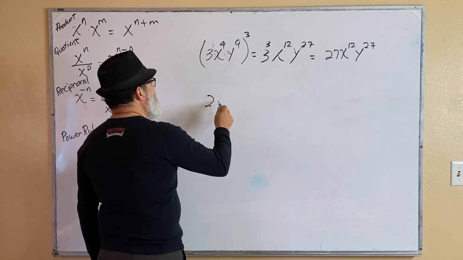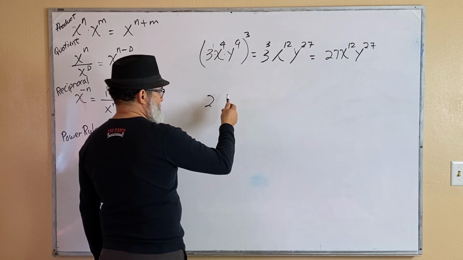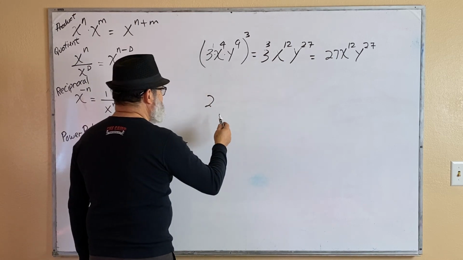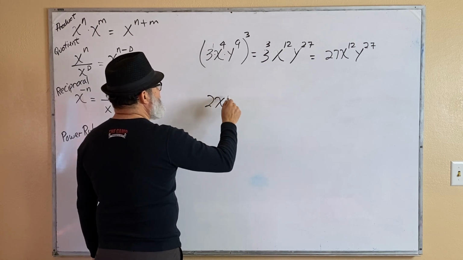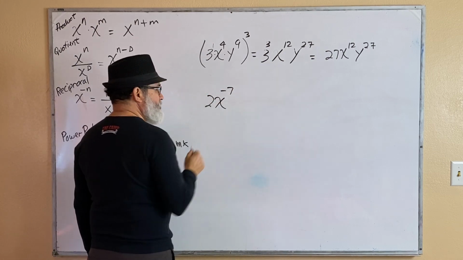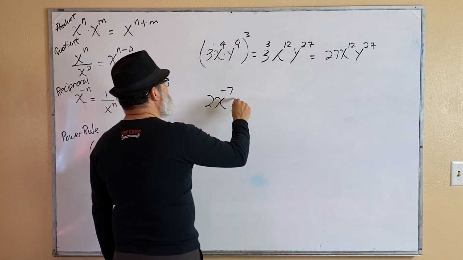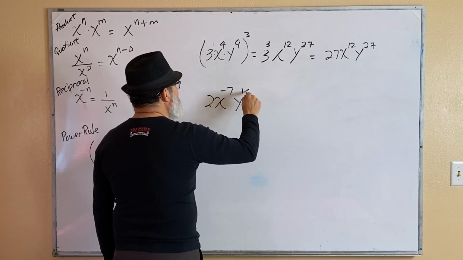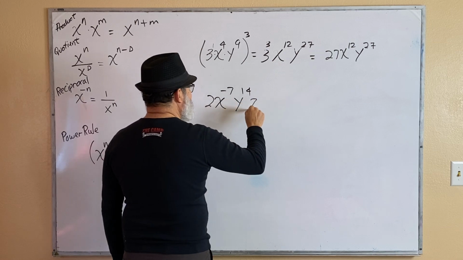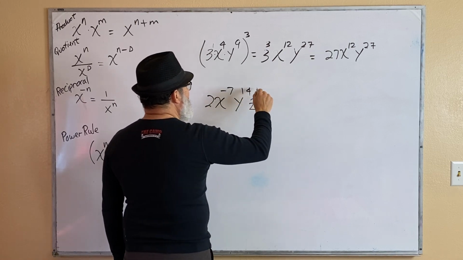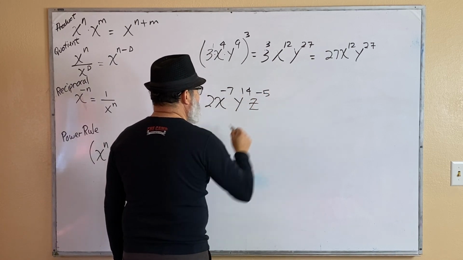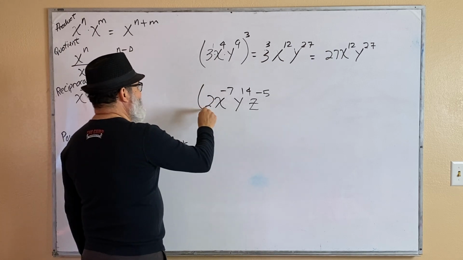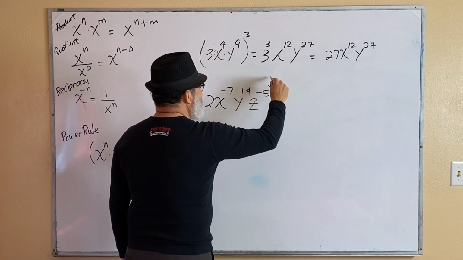2 to the 2 times x to the negative 7 times y to the 14th times z to the negative 5. And now this is raised to the second power.